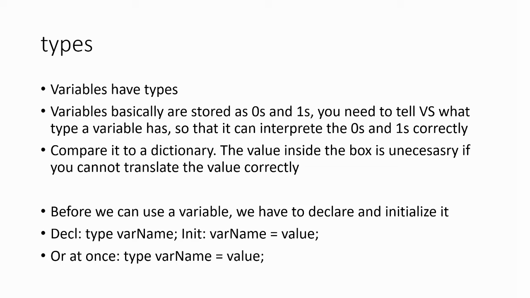And then when you initialize it, you say age equals 18. Or if you want to do it at once, and most people do, you say int age equals 0. If you do it this way, you can give it some default value so that the program doesn't crash if you don't give it a right value. Okay.